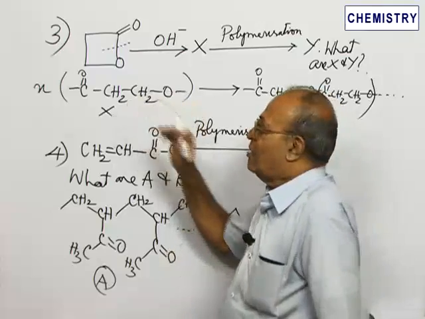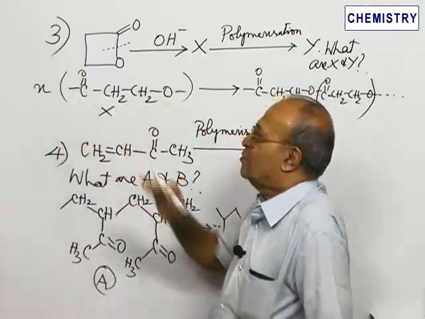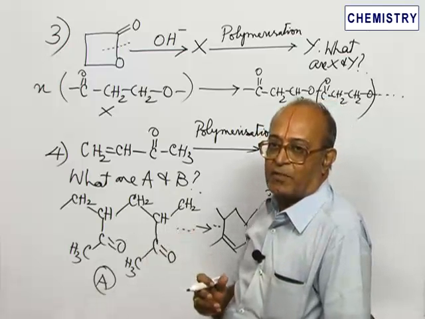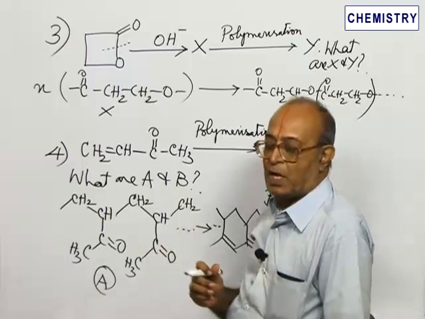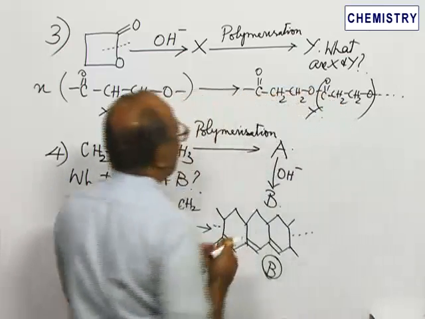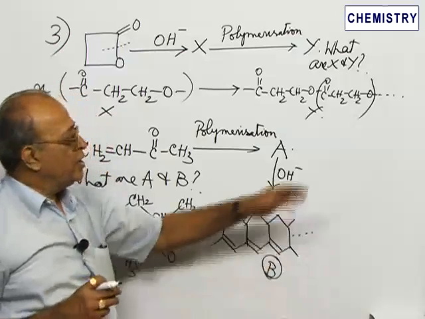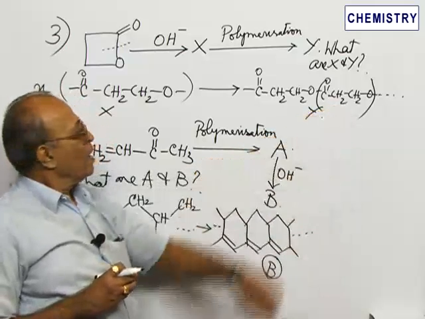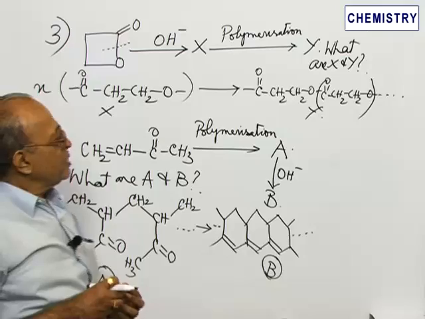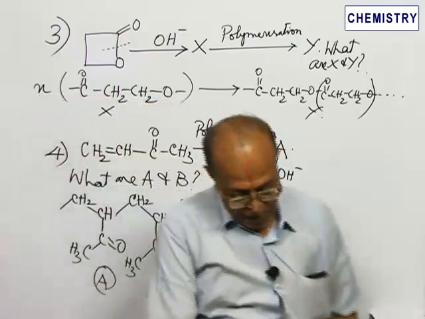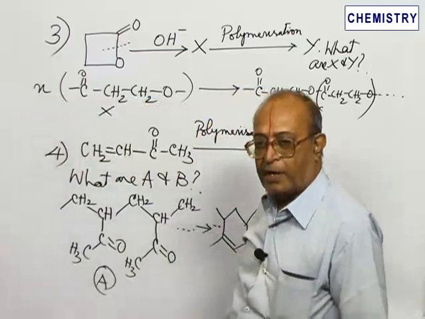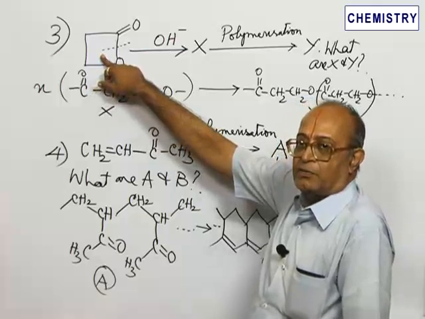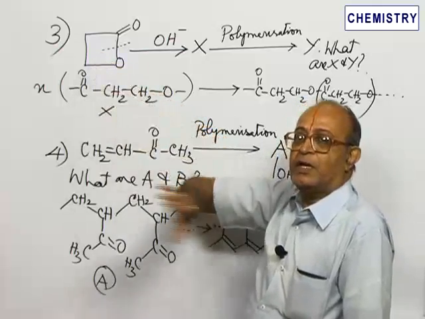And a large number of these molecules of X, which may be considered as, say, a monomer, undergo further polymerization, leading to a linear molecule like this. Of course, you can notice, whether it is X or Y, the only thing is in the first step, the ring structure collapses to form a linear structure.